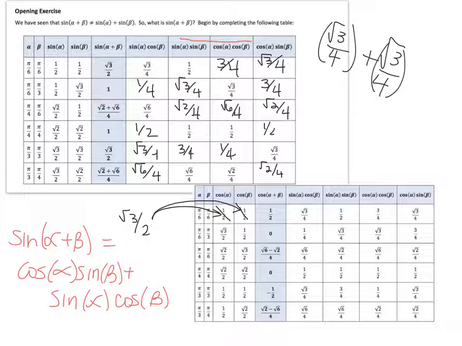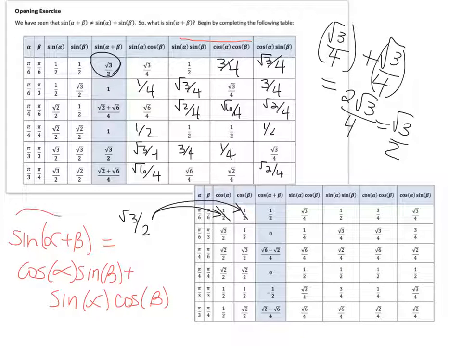That gives me 2 square roots of 3 over 4, which is the square root of 3 over 2, which is in fact what it is. Okay, so here is a new identity that we are going to use today.